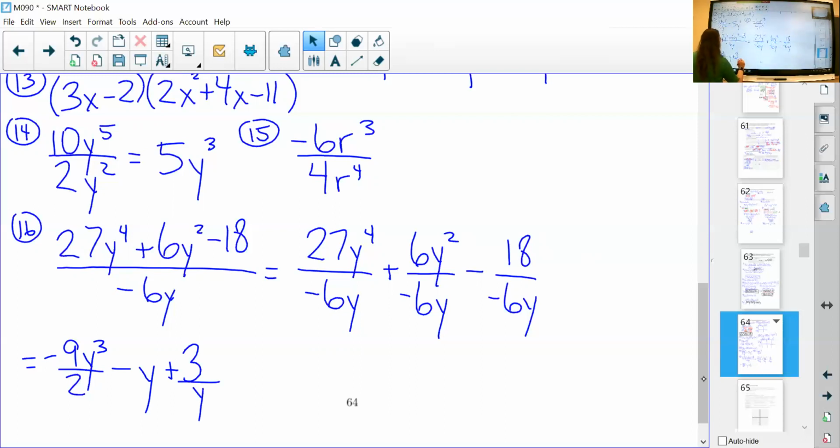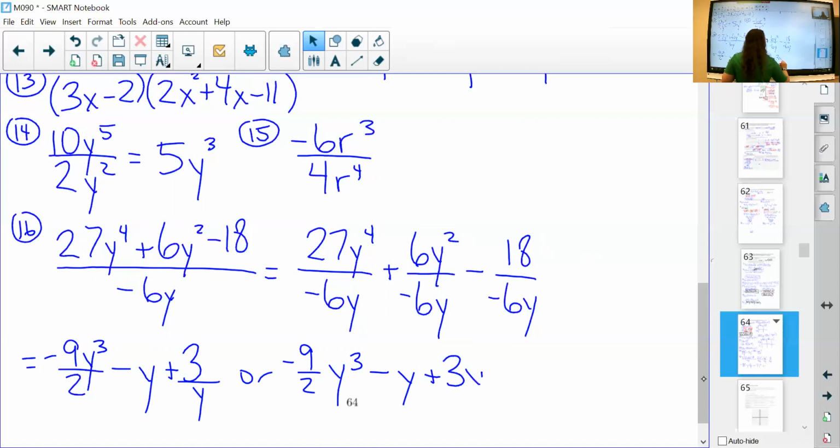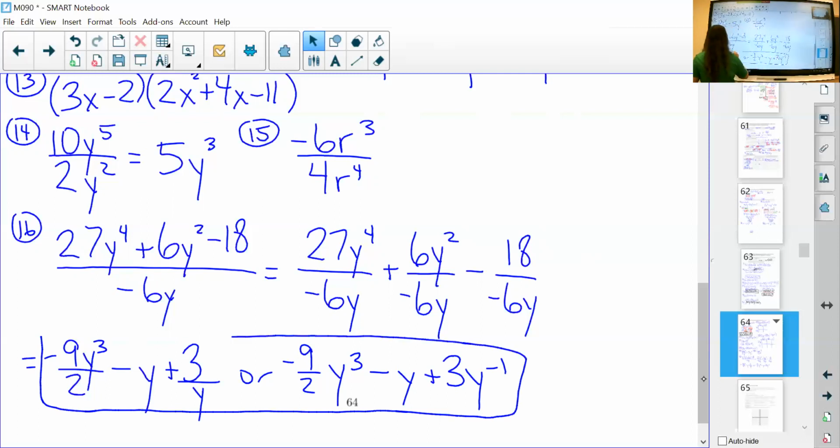So it either looks like this, or maybe I write negative 9 halves y cubed minus y plus 3y to the negative first. Those are both correct ways of writing the answer, and there are a few other ways as well. Notice that I'm writing these two equivalently, and these two are equivalent.